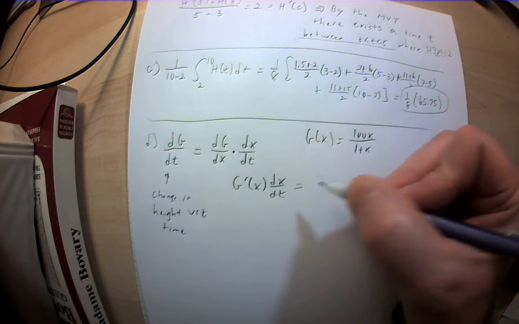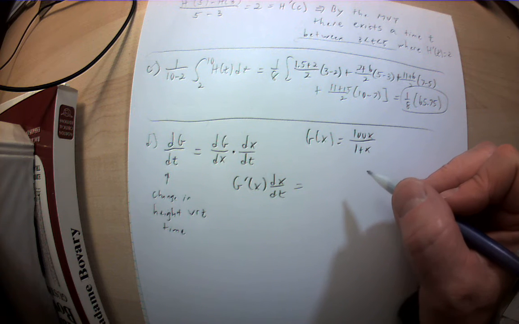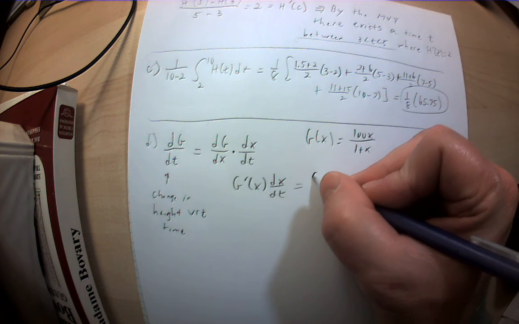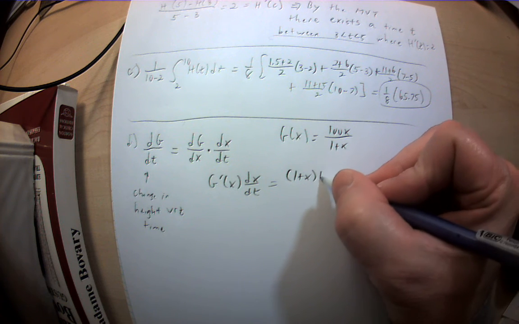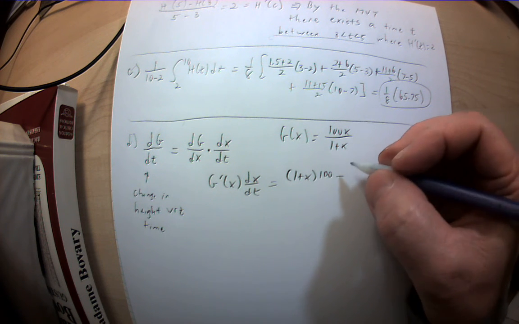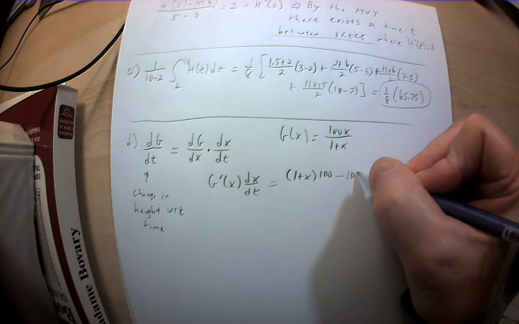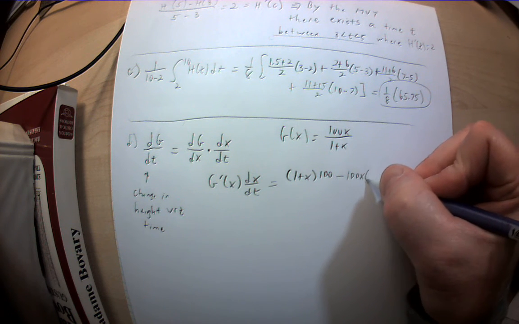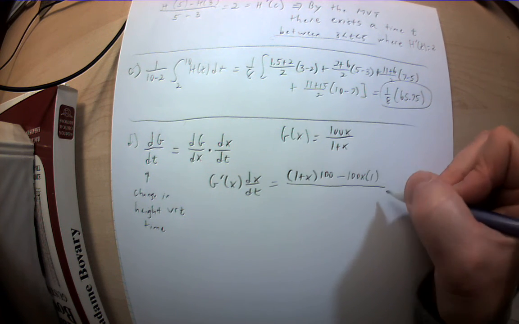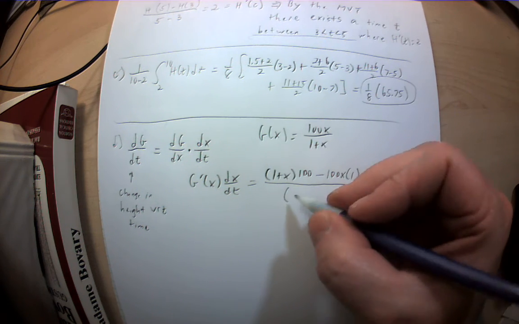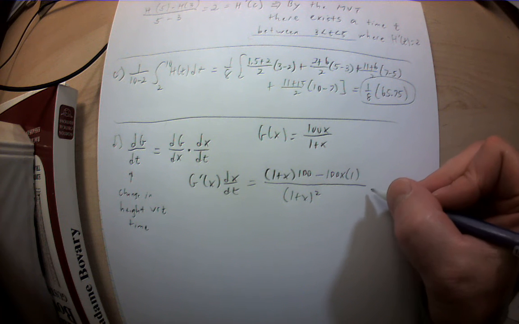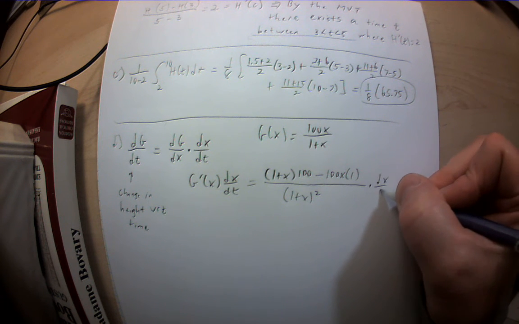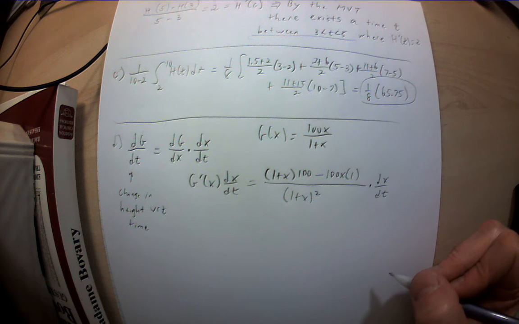So g prime of x, again, it's low, 1 plus x, times the derivative of the high, which is 100, minus high times the derivative of the bottom, which is 1, all over low squared, times dx dt, okay?